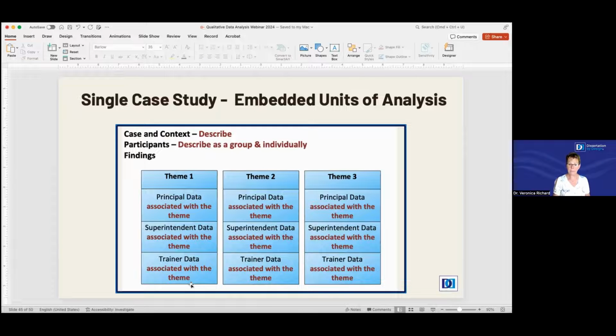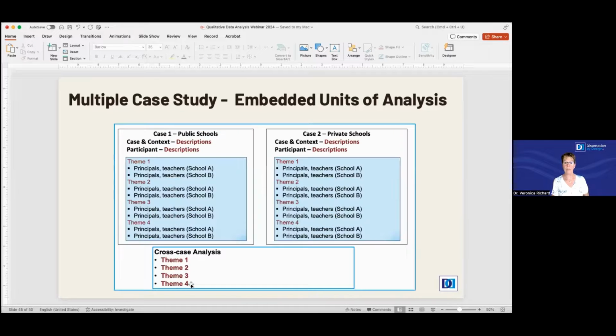All right. Okay, here's another example of this same thing. I might have school A and school B, theme 1, theme 2. In this case, I got this visual from one of the clients that I was working with, and she had public schools and private schools, and then there were 2 schools within each.